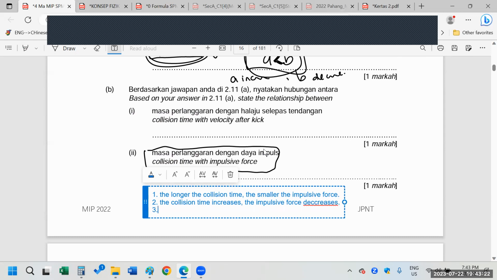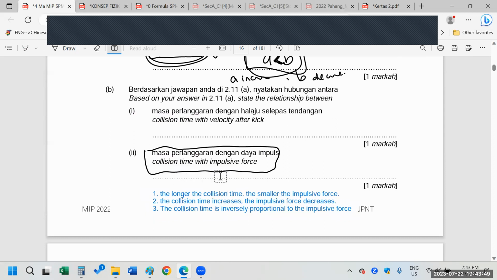Then the third one: the collision time is inversely proportional to impulsive force. These 3 have the same meaning.